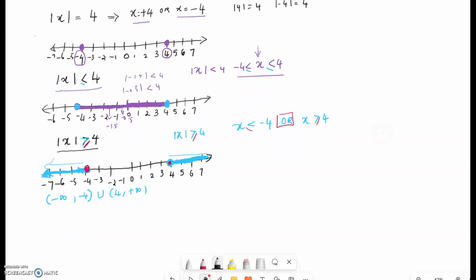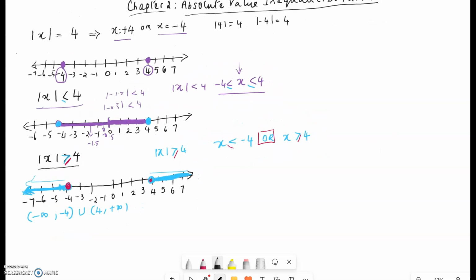Now, we use this idea. So what are the 3 rules we've learned? 1, if absolute value of x is equal to a, where a is a positive number, that says that x is either equal to +a or x is equal to -a.